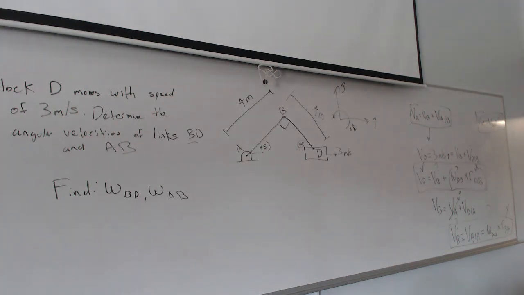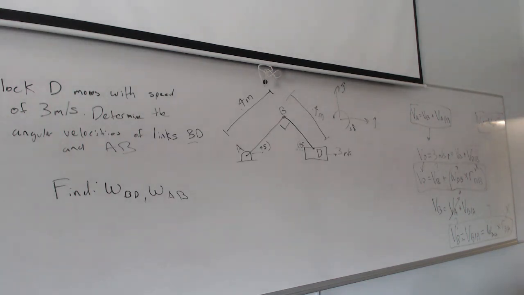So I'm going to redraw this diagram, but with the velocity vectors more pronounced. So there's our system. Velocity of A is fixed, 0, there's nothing.